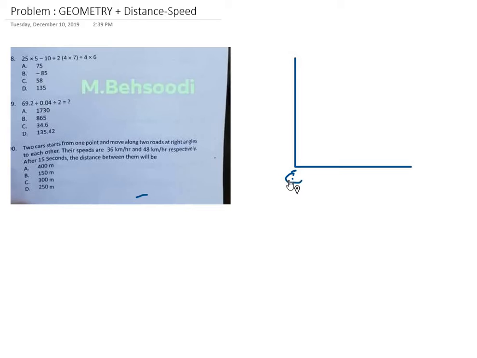One car starts from point O and moves along the y direction, and another one moves along the x direction. Let's say the one moving towards the right has a speed of 36 km per hour, and the one moving upwards has 48 km per hour. After 15 seconds, what will be the distance between them?